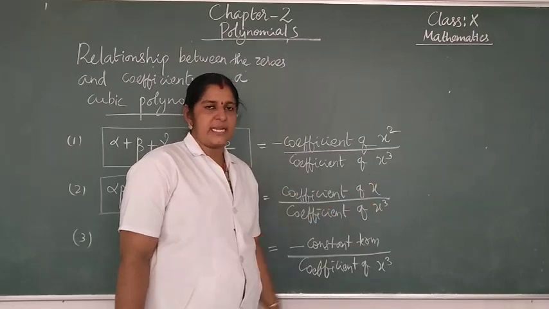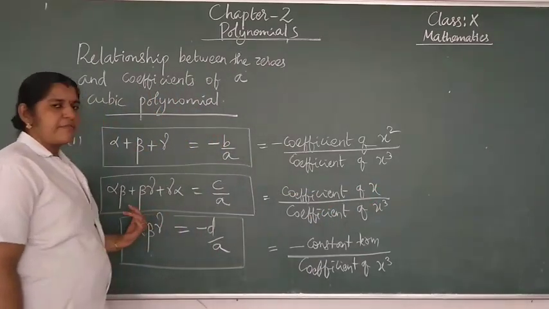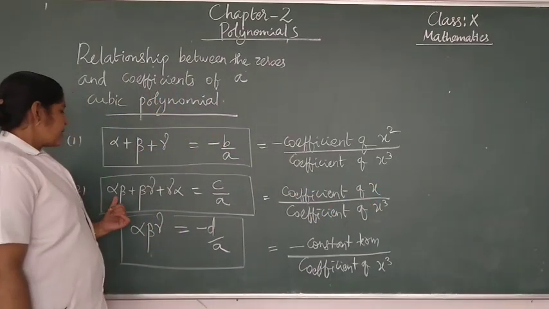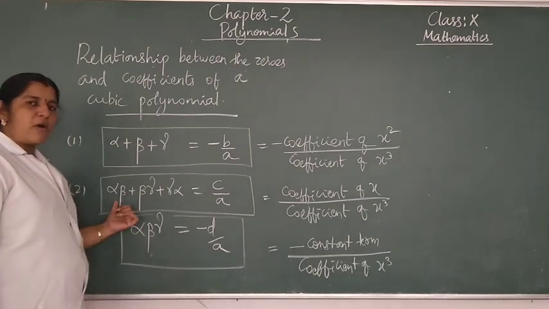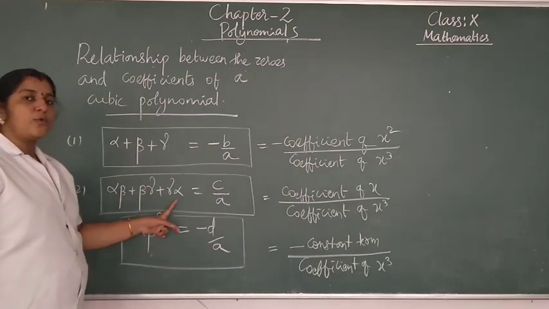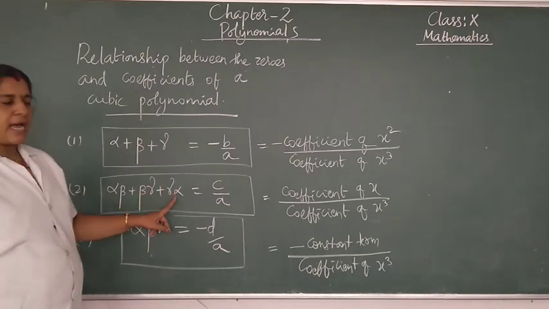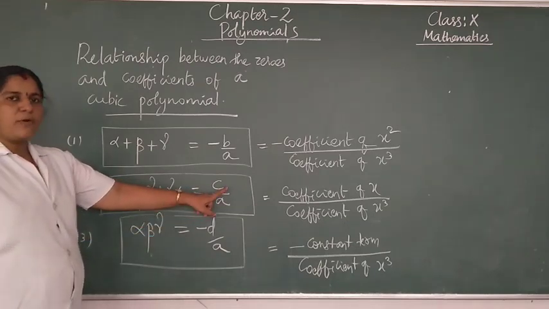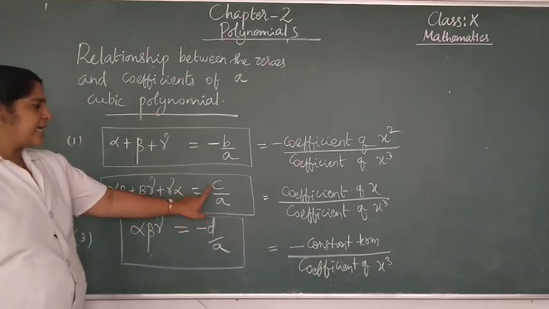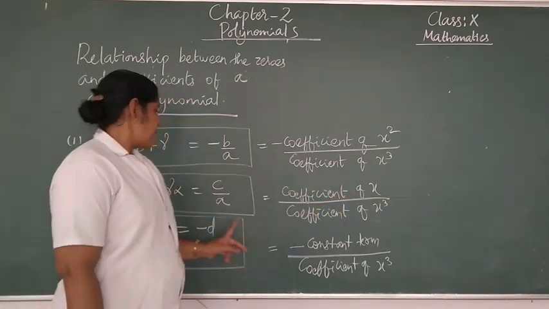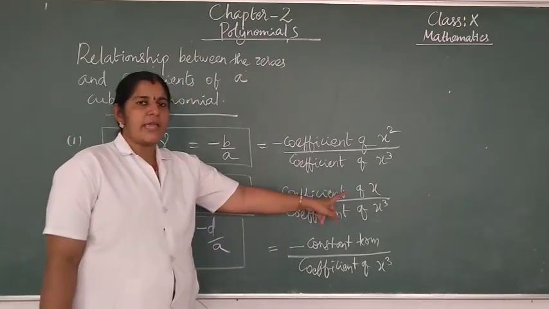Second relation: the sum of the product of the zeros taken two at a time, that is alpha beta plus beta gamma plus gamma alpha, is equal to c by a, where c is the coefficient of x and a is the coefficient of x cube.